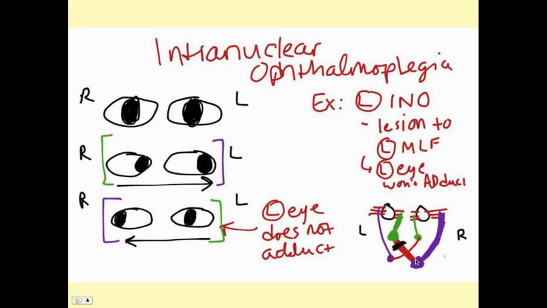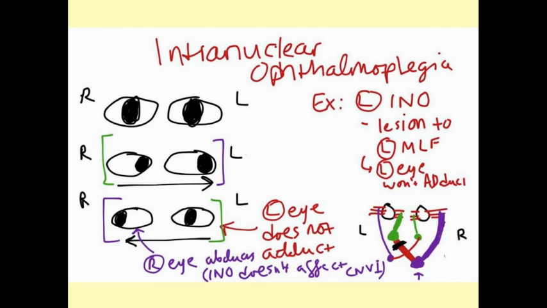The right eye, though, does abduct because the INO has nothing to do with the direct connection between the ipsilateral abducens nucleus and the ipsilateral lateral rectus. So here's an example. What we just showed was left INO, which comes from a left MLF lesion.